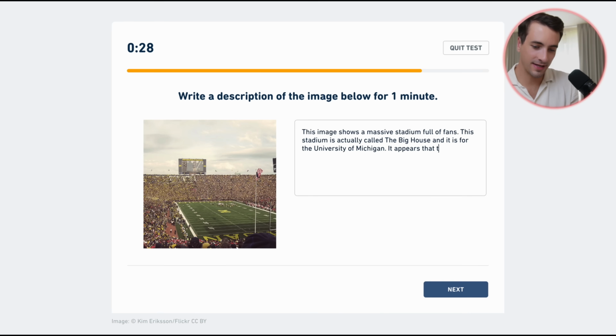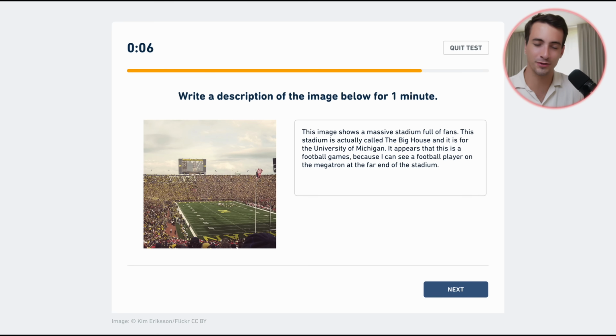It appears that it is a football game because I can see a football player on the Megatron, the very large screen, at the far end of the stadium. We have a ton of videos to help you with picture description, lots of strategies and vocabulary, so I'll link to those in the description as well.